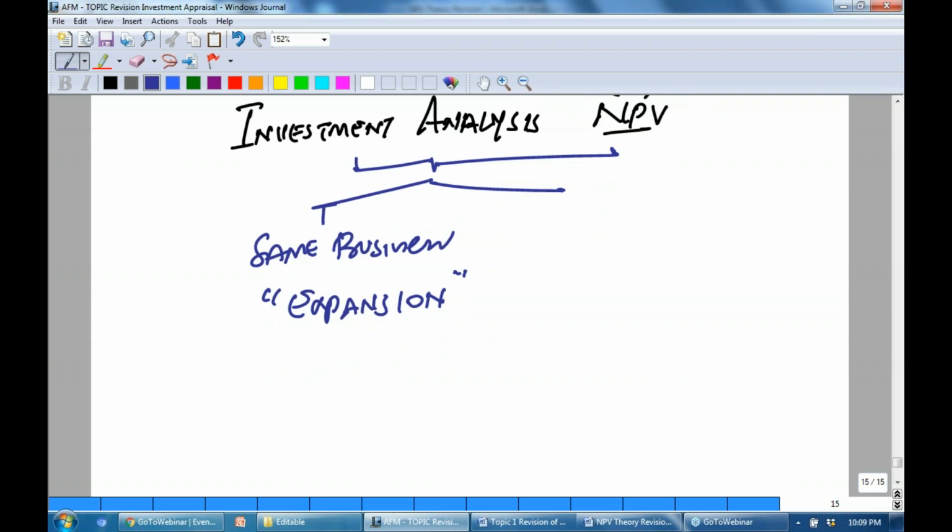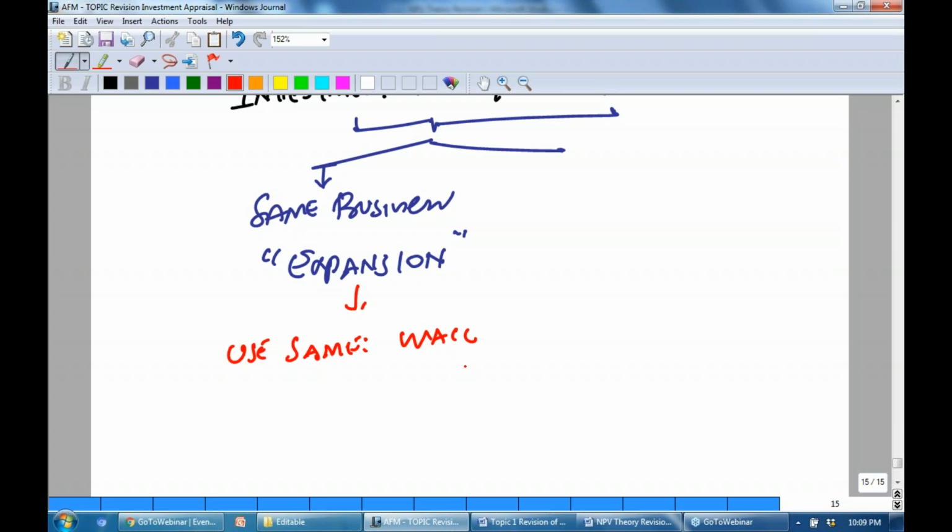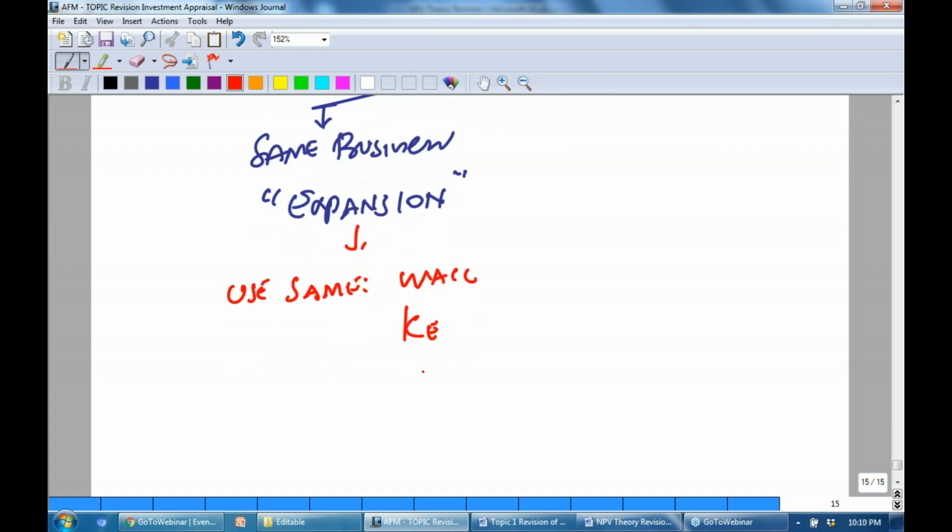If about the same business, so we can use the same WACC. Yes, use the same WACC, same KE. Yes, same beta asset.